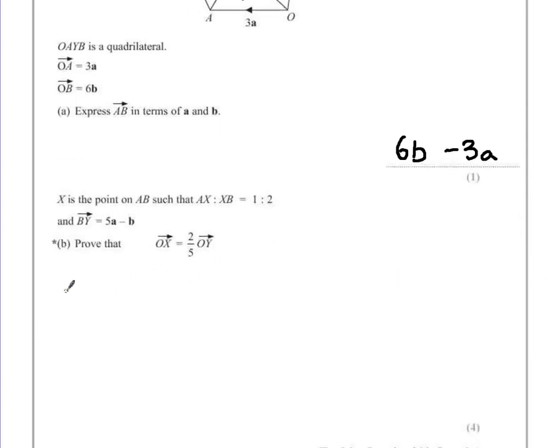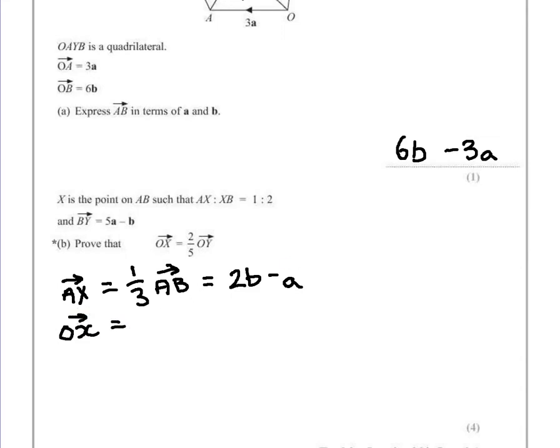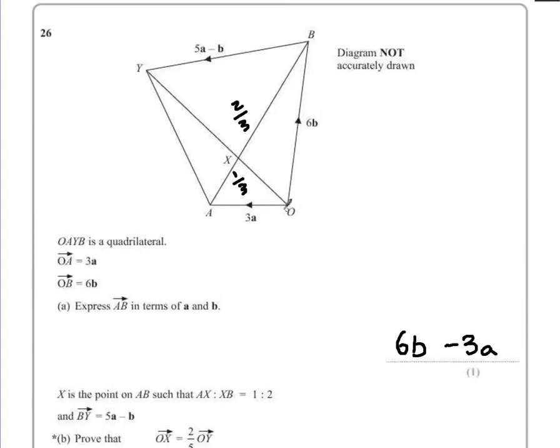So firstly, our vector from A to X is equal to 1/3 of our vector from A to B. And in this case, that would equal 1/3 of 6B, which is 2B, and 1/3 of 3A, which is A. So we've got 2B subtract A. So if we want to find out what the vector from O to X is, we're also going to have the instructions to go from O to A first.